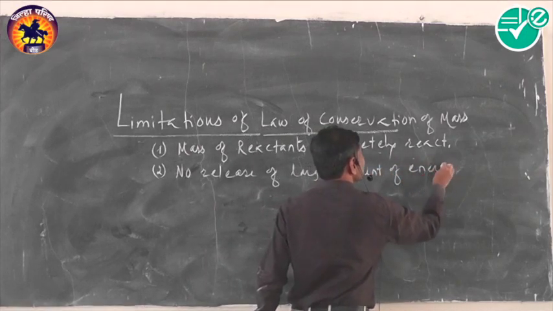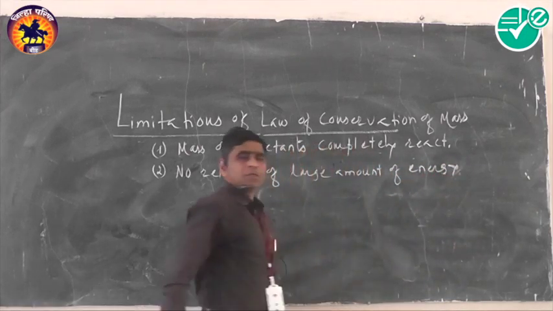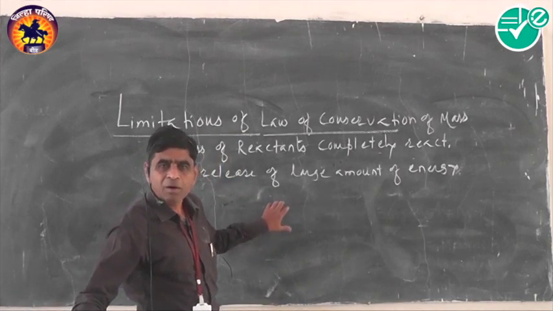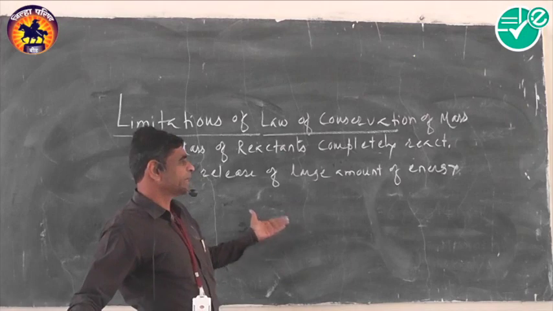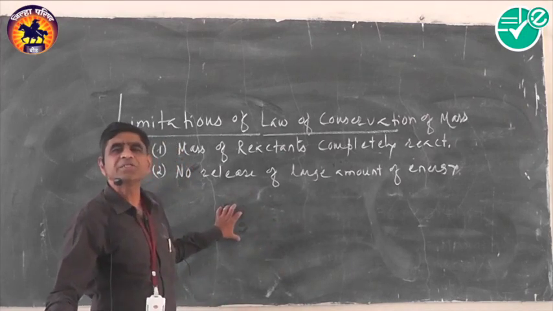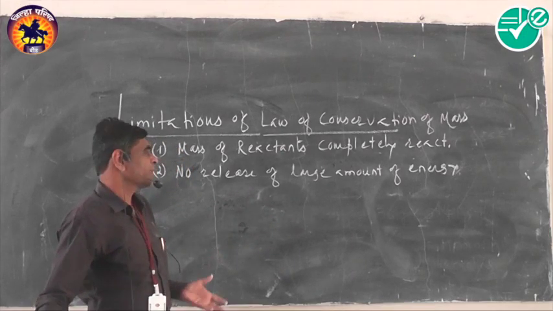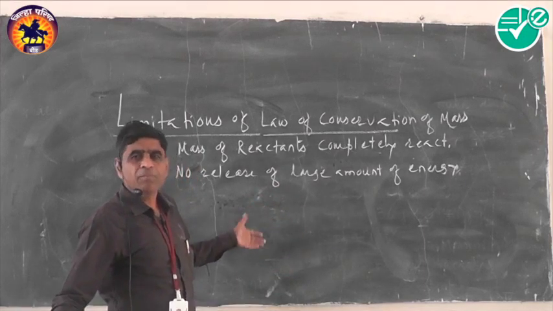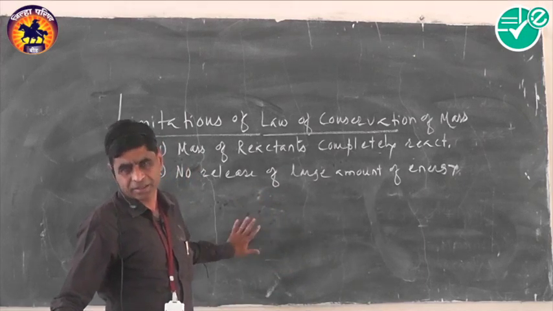You know that in case of exothermic reaction, energy is given by the system to the surrounding. It means during the reaction, heat energy is evolved. And you know that energy cannot be created nor destroyed, but mass and energy are interconvertible.